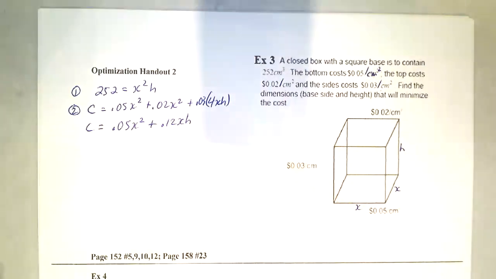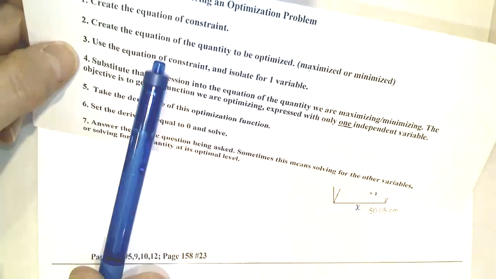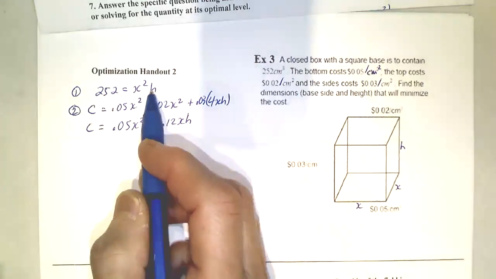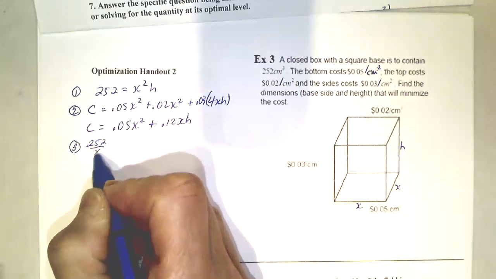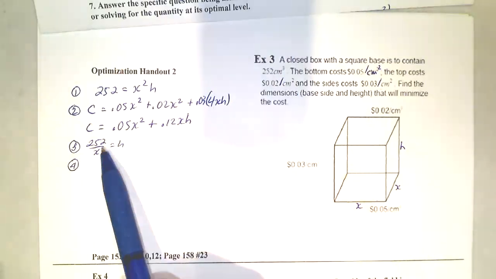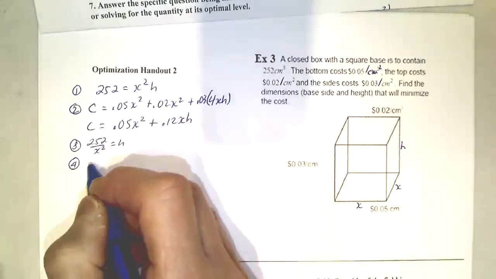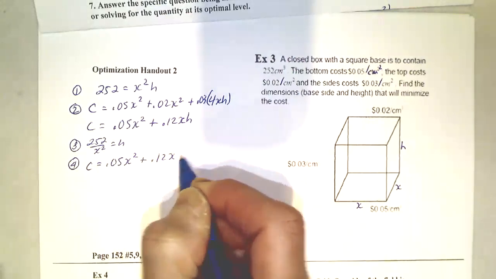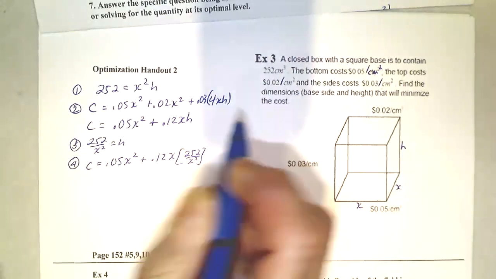So the next step says isolate for a variable using the equation of constraint. So I'm going to isolate for h. So I get 252 divided by x squared is my height. The fourth step says substitute that into the equation that we're minimizing in order to guarantee that this equation has only one independent variable.